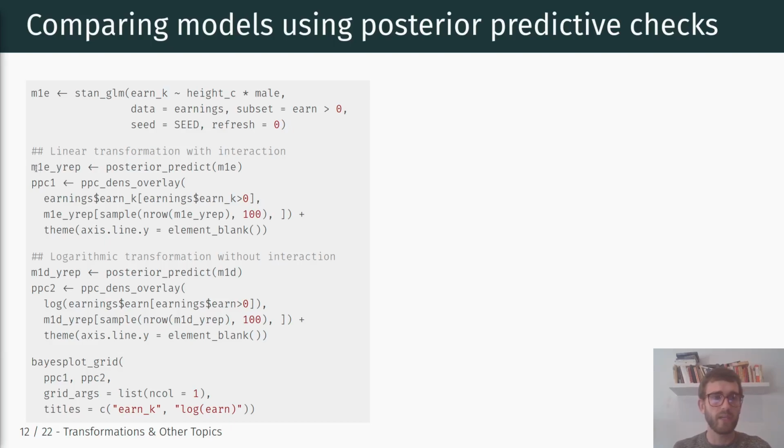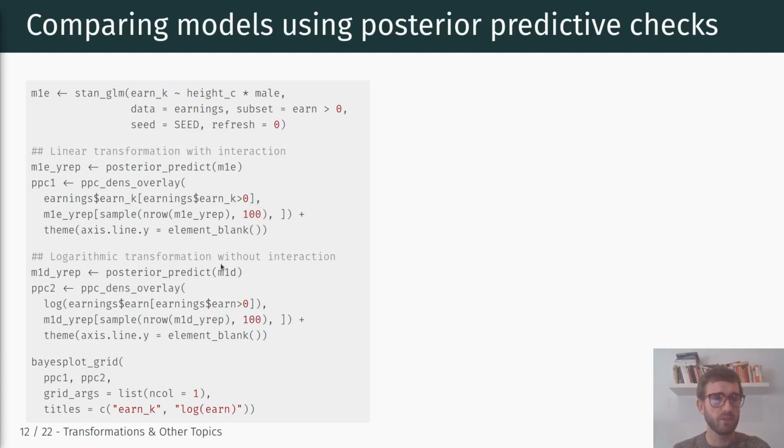Okay, we save this essentially as an array, and then create our PPC density overlay that includes both the actual outcome distribution that we observe plus our posterior predictive or simulated predictions from the posterior distribution, and we're just taking a sample of that because we don't want to plot all 4,000 densities. We'll just look at 100 draws from that posterior distribution.